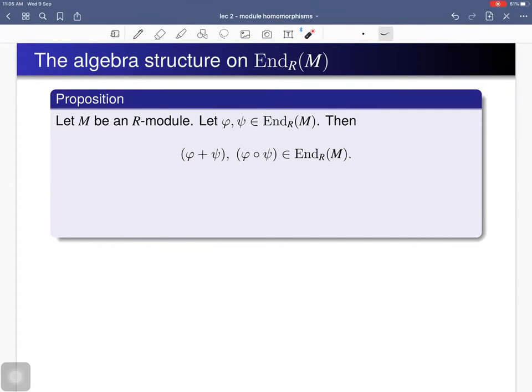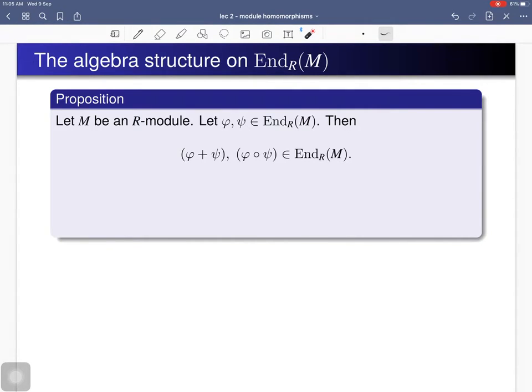So here is a non-trivial R algebra. You consider an R module, let's say it is M. We have seen that phi plus psi, that sum you can define, and that is again an R module homomorphism from M to itself.